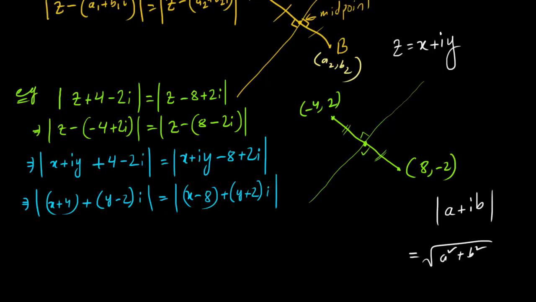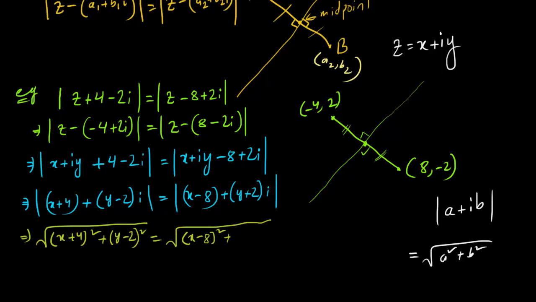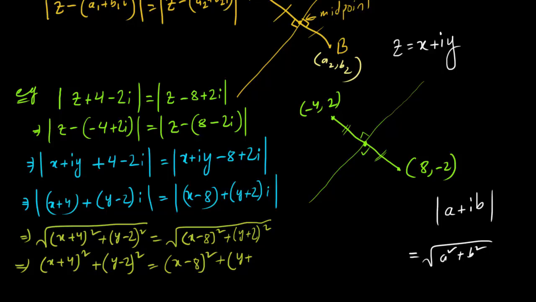So if we remove the modulus, it is going to be square root of x plus 4 whole squared plus y minus 2 whole squared, and this is going to be square root of x minus 8 whole squared plus y plus 2 whole squared. Now if we send the square root to the other side, it becomes square. Square root of square is 1, so we can just remove the square roots. So x plus 4 whole squared plus y minus 2 whole squared equals to x minus 8 whole squared plus y plus 2 whole squared.